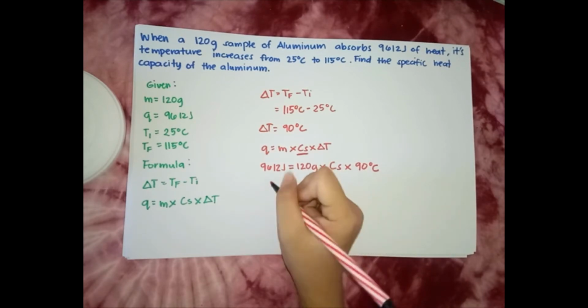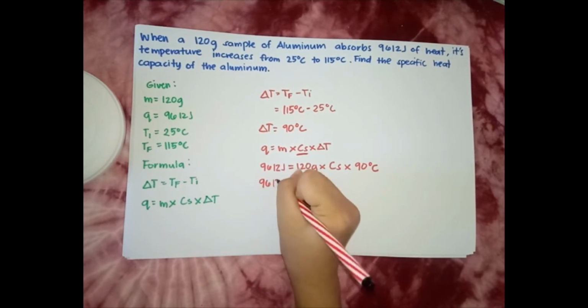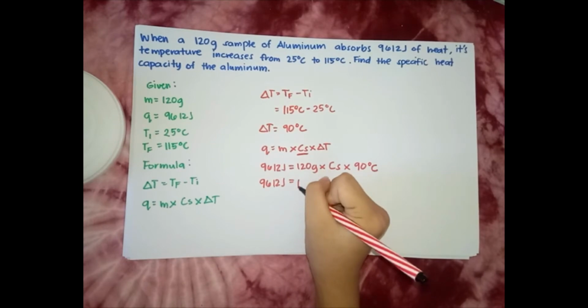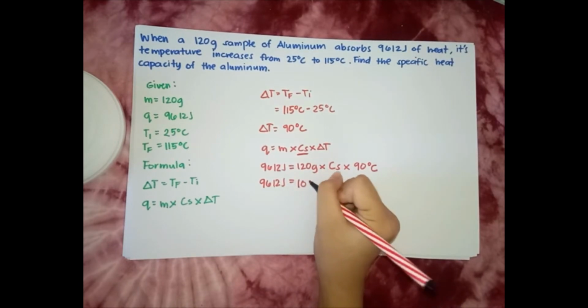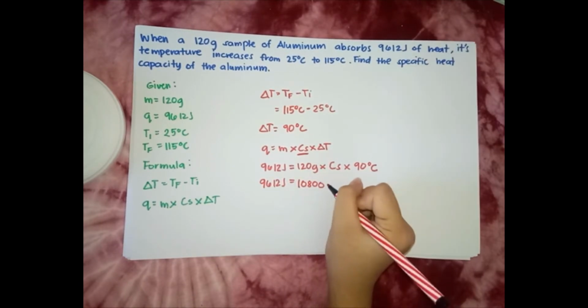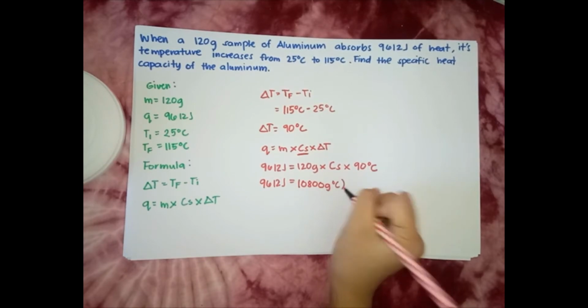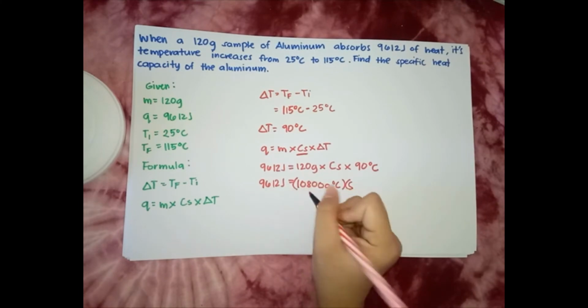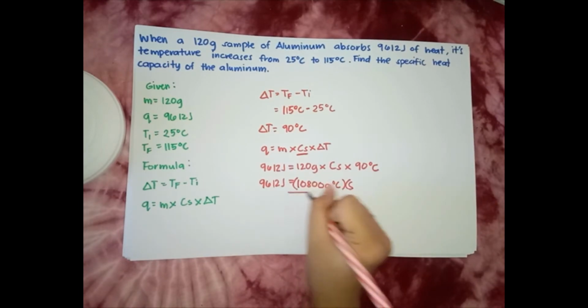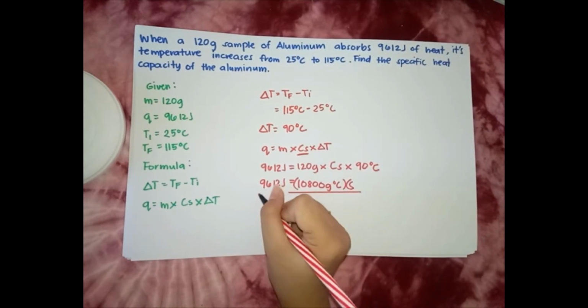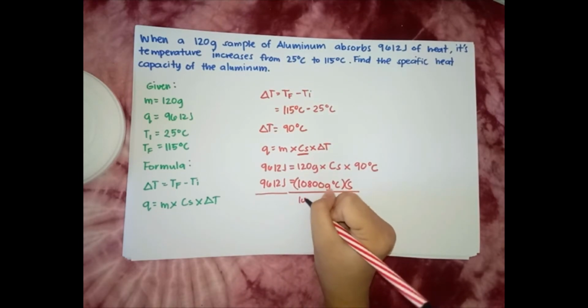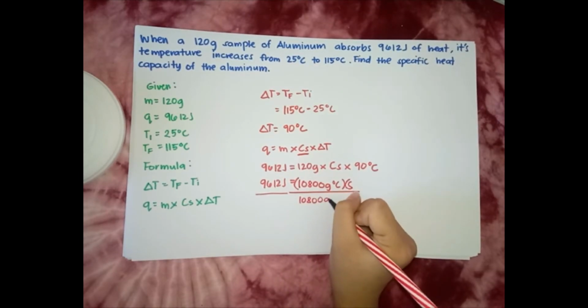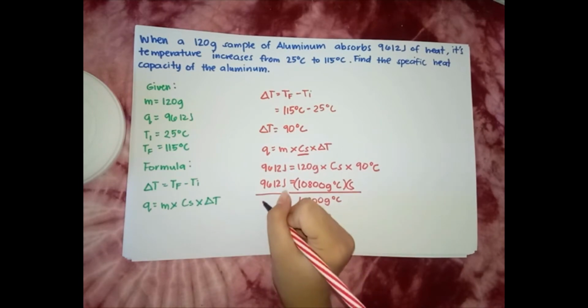We have here 9,612 joules. The product of 120 grams and 90 degrees Celsius is 10,800 grams degrees Celsius times specific heat. Since we're searching for specific heat, we have to cancel 10,800 grams degrees Celsius here and here.